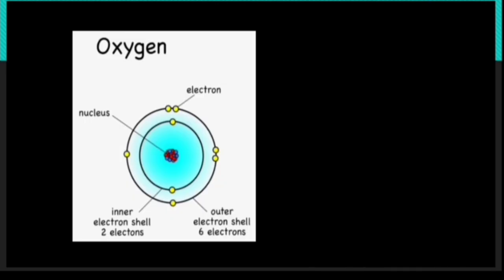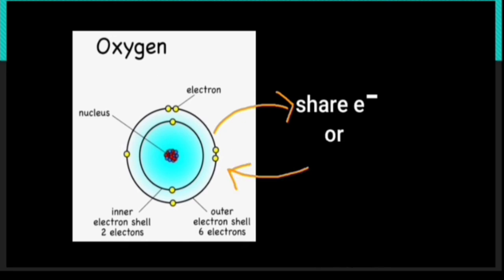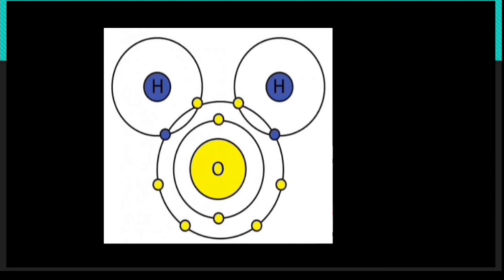In this oxygen atom, the electronic configuration is 2, 6. So the outermost shell has 6 electrons. For this, either it will share electrons or it will borrow. But borrowing will be easier for it. So to obtain stability, oxygen needs 2 more electrons in its outermost shell.